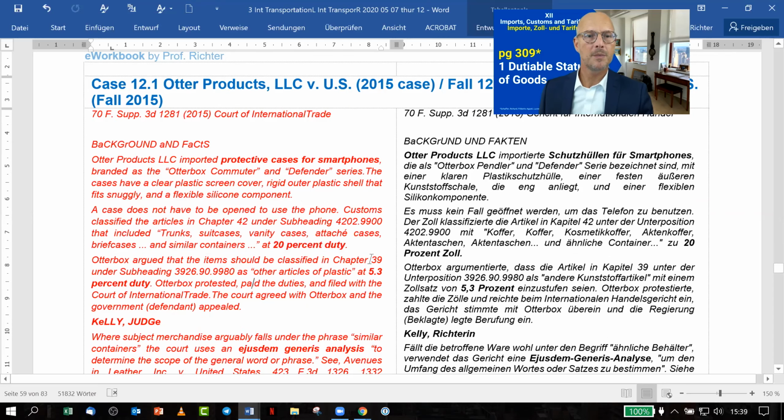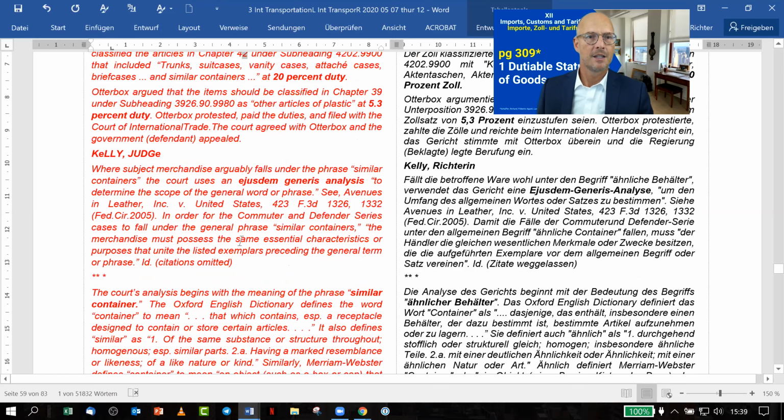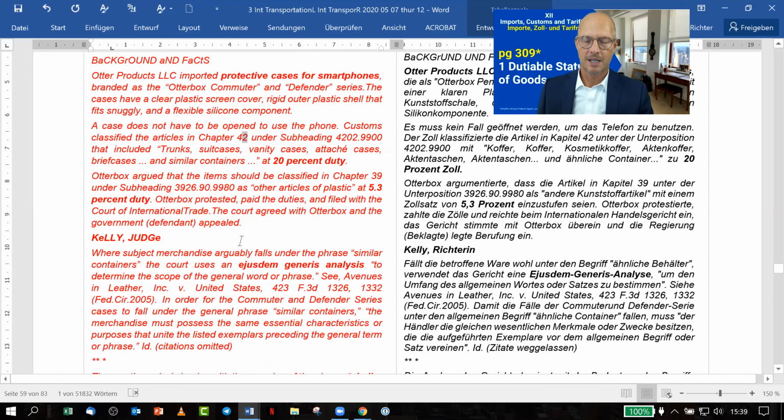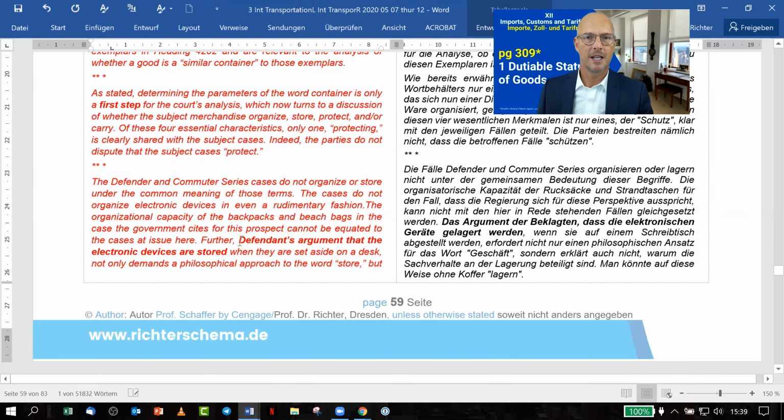Or in chapter 39, other articles of plastic have only 5.3% duty, so much less than in the other tariff classification. Of course, they were arguing which one is the right chapter, the right classification. We will talk about this later.